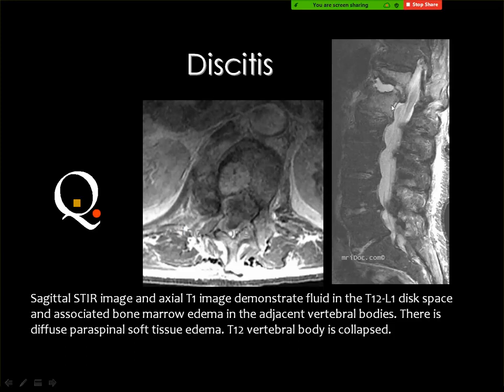There is also some instability at this level with subluxation posteriorly of the D12 vertebral body. In the axial image, you can see an inflammatory granulation tissue alongside the vertebra. One may ask how to differentiate this lesion from a paravertebral soft tissue shadow. If you inject contrast, it will enhance.